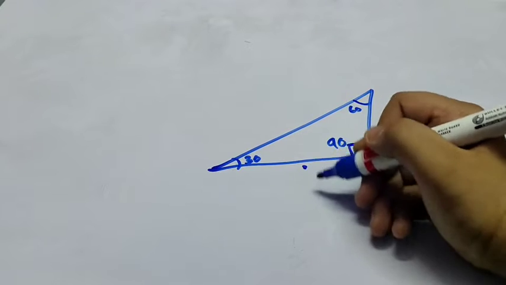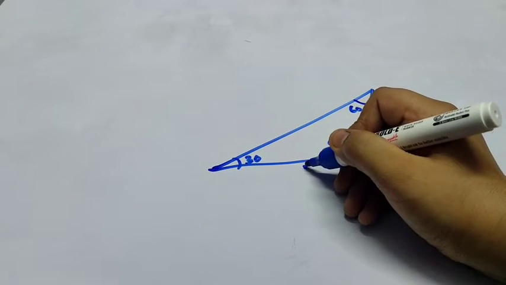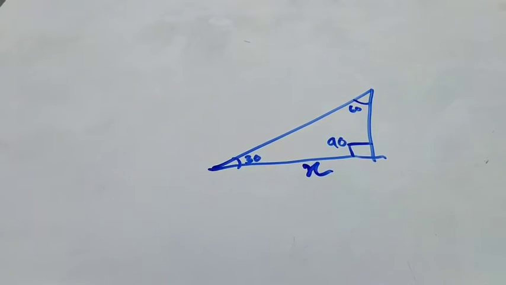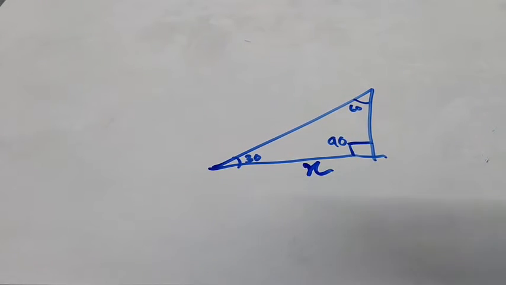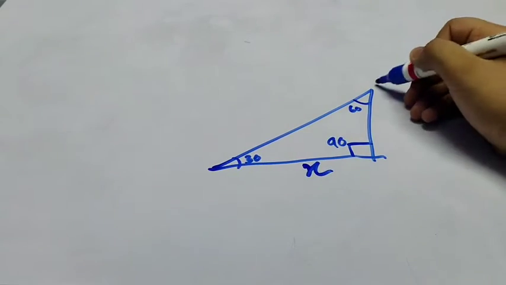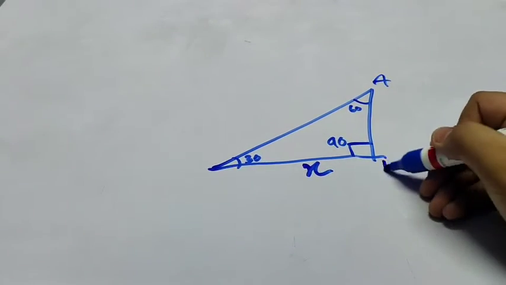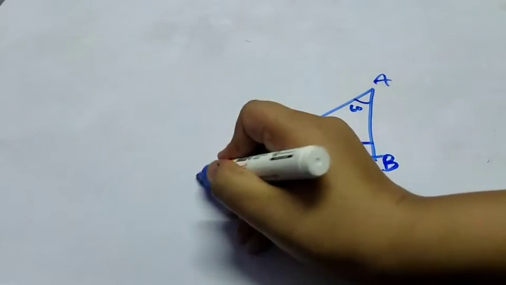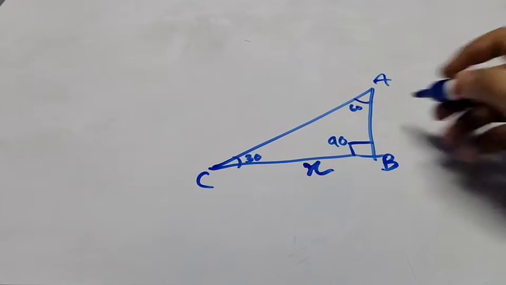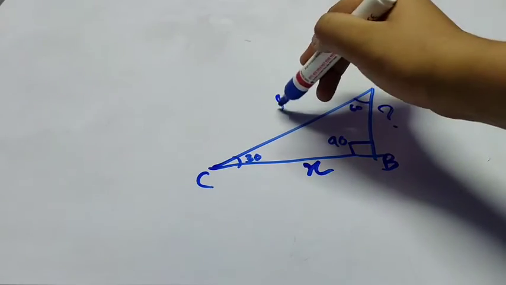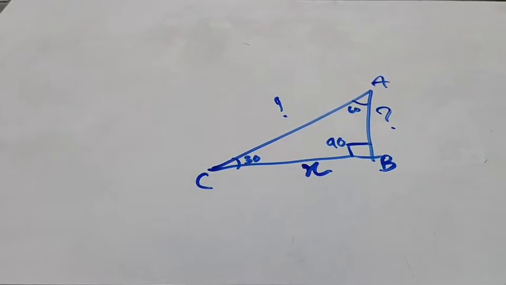Let us assume that the side is x, and you will be provided with this, and they can ask you the measures of the other sides. Let's name this triangle ABC, and they provide you the side BC, and they can ask you the sides AB and AC. So how can you find these sides? Just by knowing the angle, right?